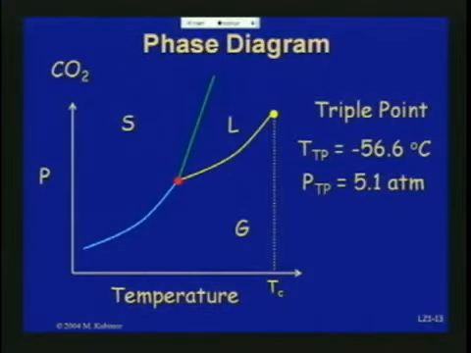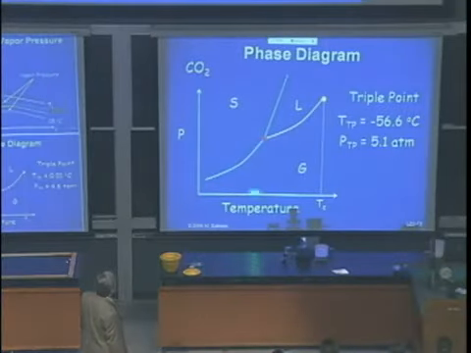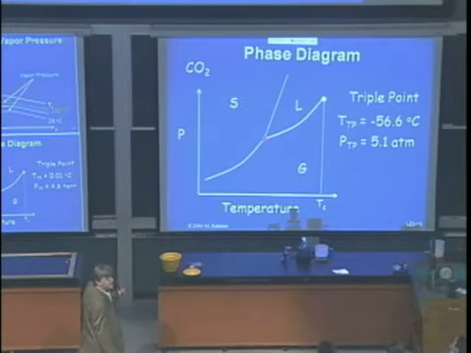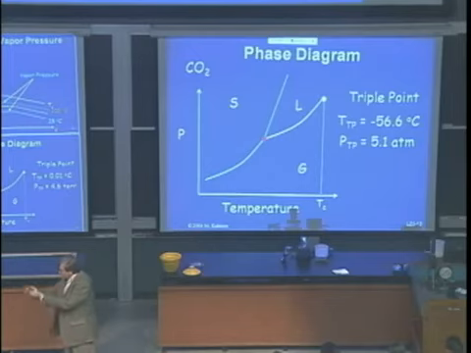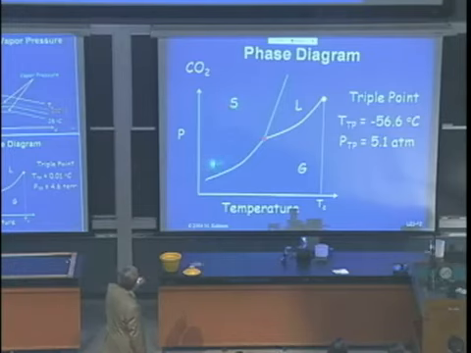This is the phase diagram of carbon dioxide. This is the temperature and this is the pressure. Now, if we have a solid here, S is for solid, we go along here and we increase the temperature, which it automatically did. The room was warm, and so it increased the cold temperature of the CO2. So we go from solid, at low pressure, to gas.